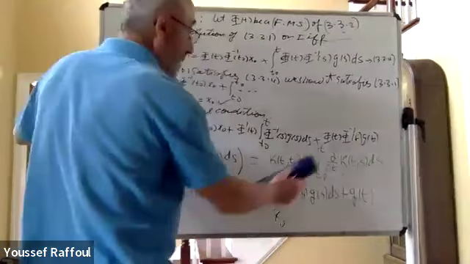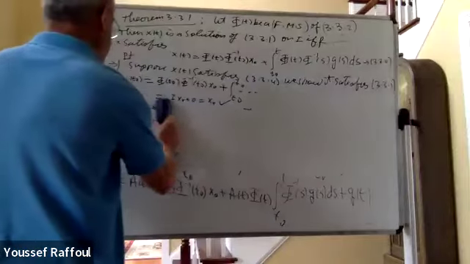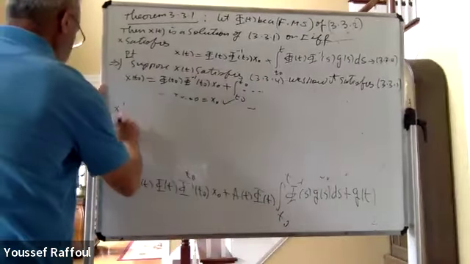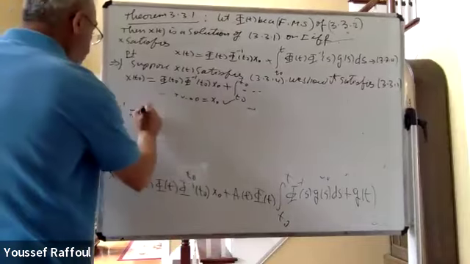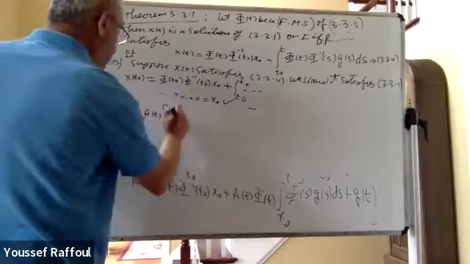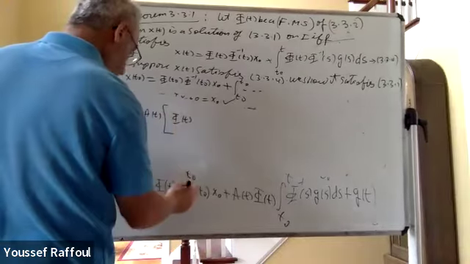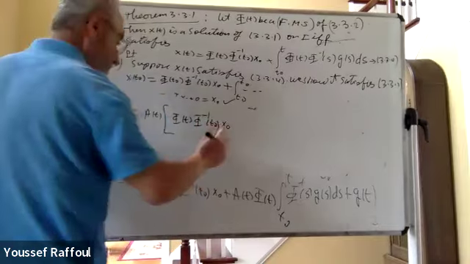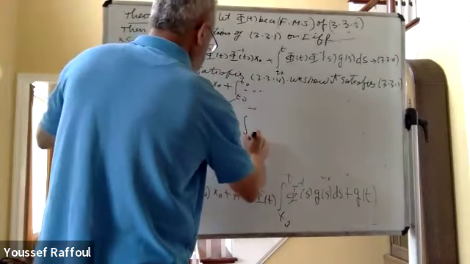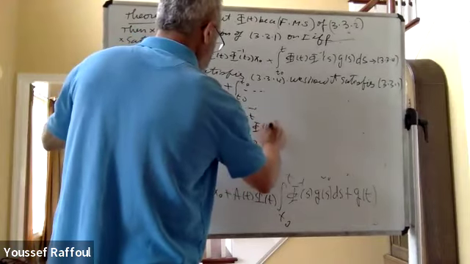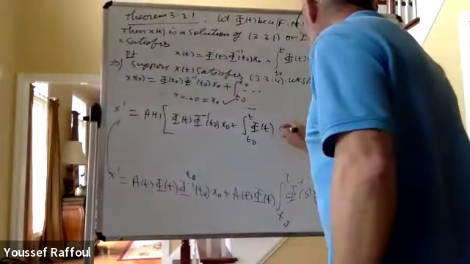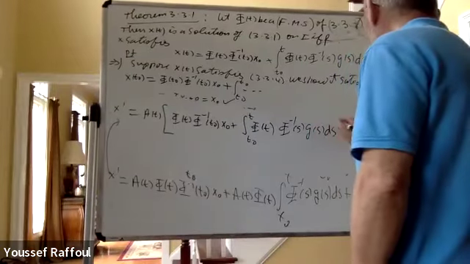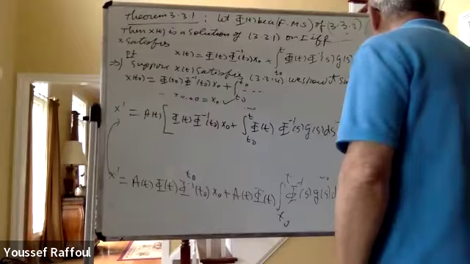All right, I'm gonna erase this here. And this means x prime, factor A out, and then you're gonna get phi(t) times phi inverse of t_0 x_0, plus the integral from t_0 to t of phi(t), bring phi(t) in, phi inverse of s g of s ds, plus g of t.